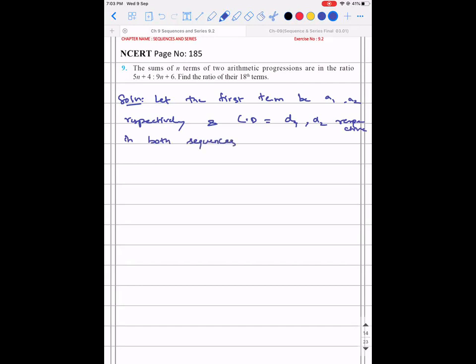Right? So given is what? Sum of n terms in the first sequence by sum of n terms in the second sequence is 5n plus 4 by 9n plus 6.